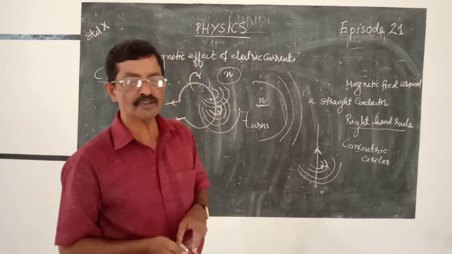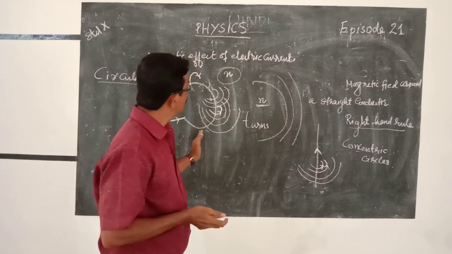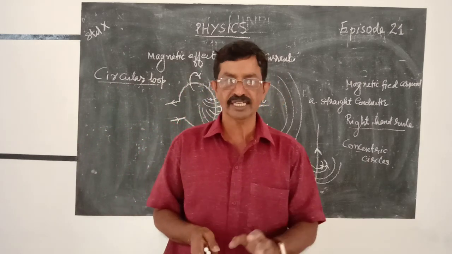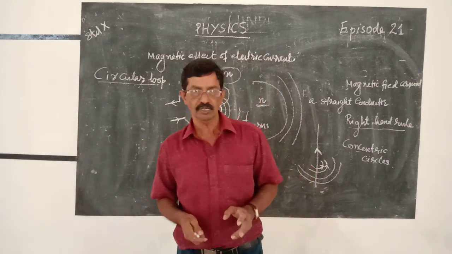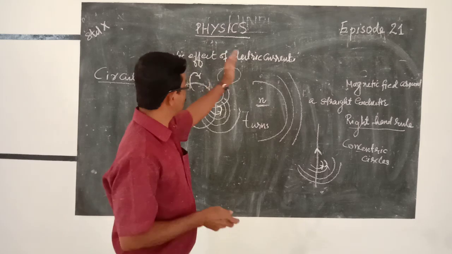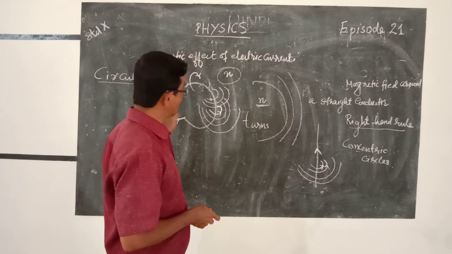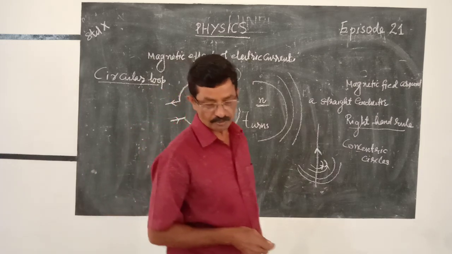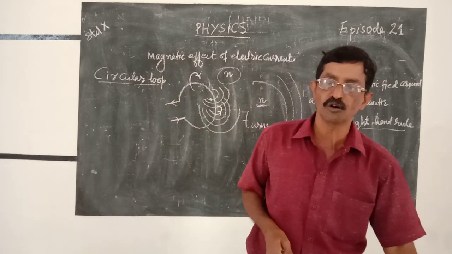So the magnetic field produced by them, we can add up. So the magnetic field becomes n times that produced by a single loop.